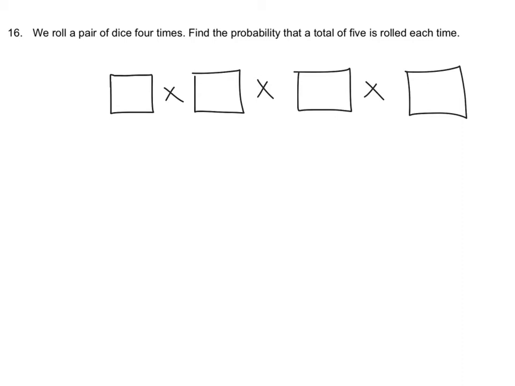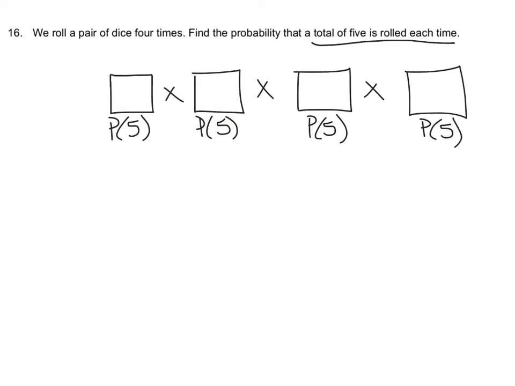So we want to find the probability of getting a total of 5 each time. So the first box will represent rolling a total of 5. The second box will represent the probability of rolling a total of 5, and that will be true for the third and fourth boxes as well. So now all I have to do is find the probability of rolling a total of 5.